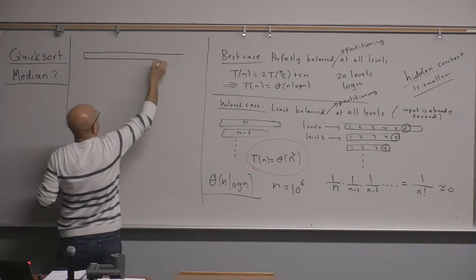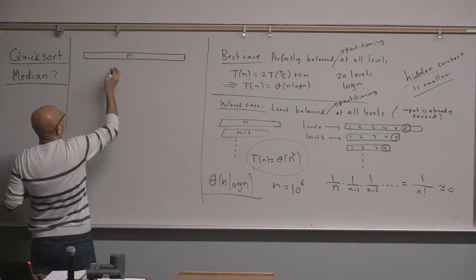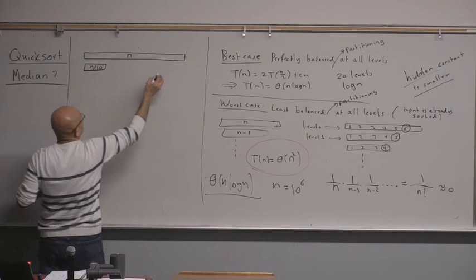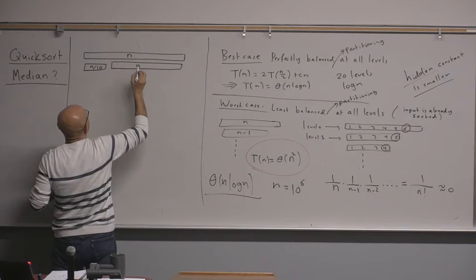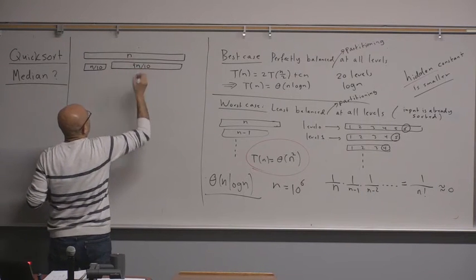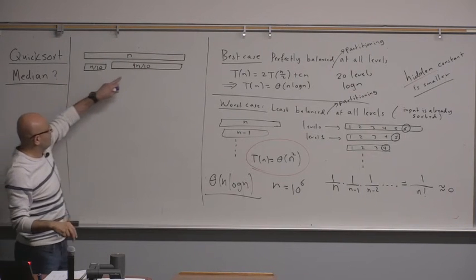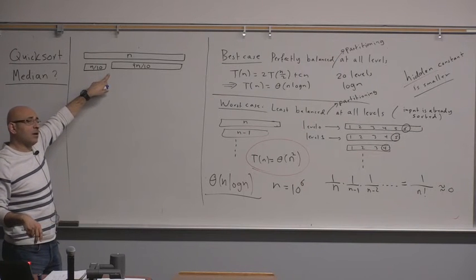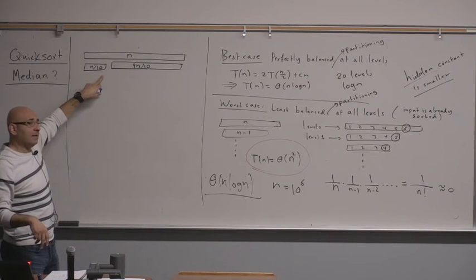What if we start with an array of size n, then we divide this into n over 10 and 9n over 10. So 1/10 and 9/10. Of course, here we are ignoring what? We are ignoring the pivot. For a large n, the sum of these will be exactly n.